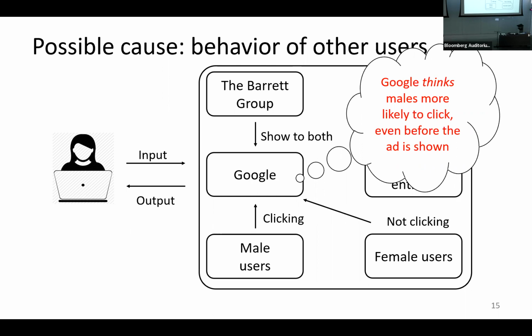And so from the very beginning, from day 0, it used its predictions of click-through rates and made it cheaper to show the ad to them. Right? So that could have happened. And that would be potentially harder for Google to wash its hands of. Right?